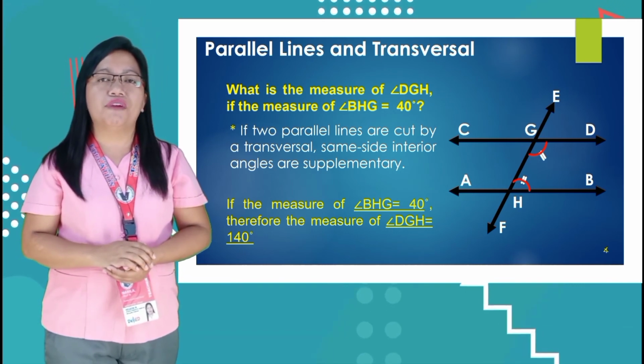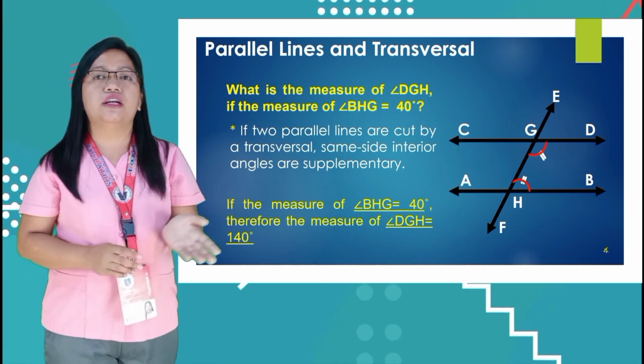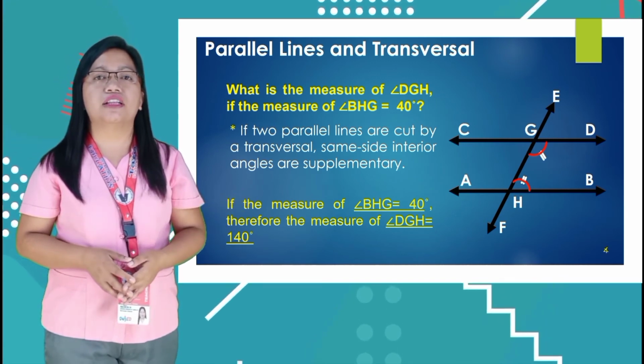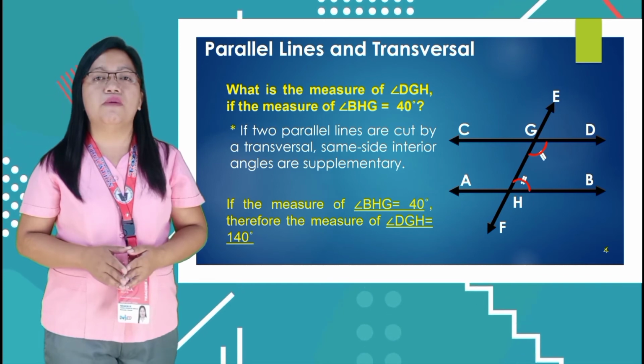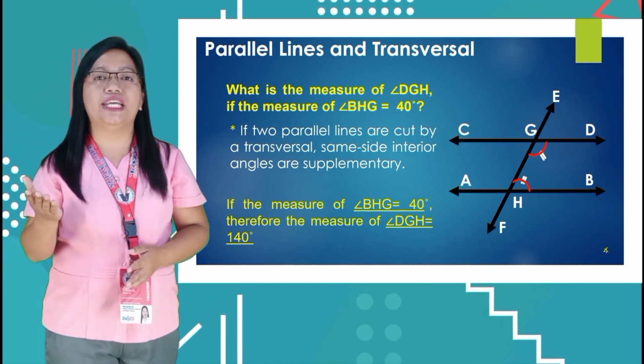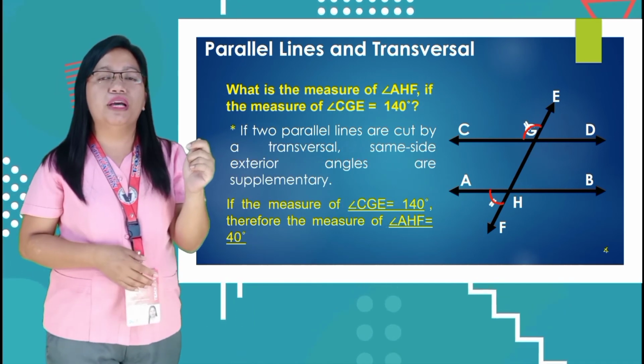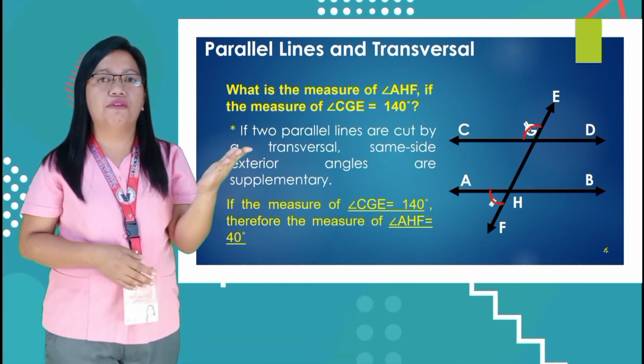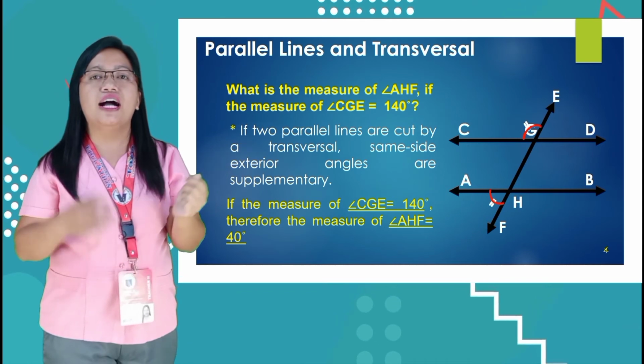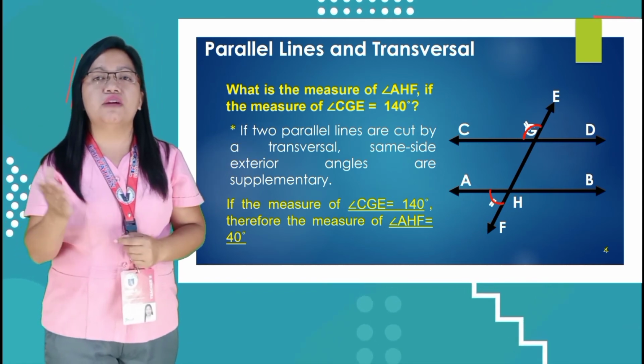If the measure of angle BHG is equal to 40 degrees, therefore the measure of angle DGH is equal to 140 degrees.